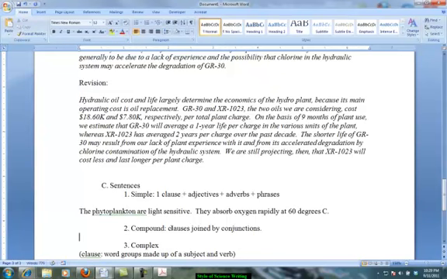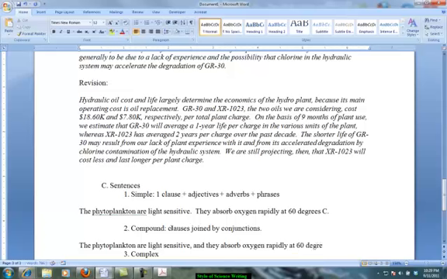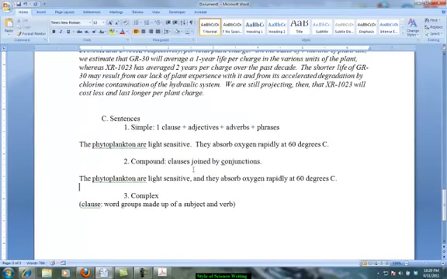So, for example, the phytoplankton are light sensitive and they absorb oxygen rapidly at 60 degrees Celsius. That is a compound sentence because it has combined two clauses using a conjunction.